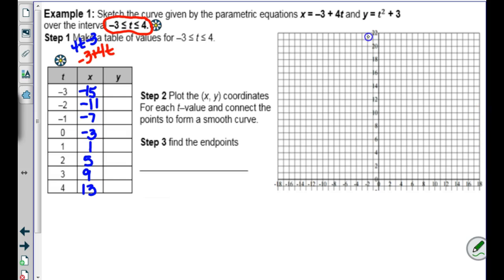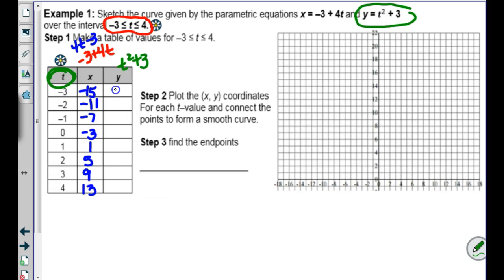Now we go back, and it tells us the y equation is t squared plus 3. We are putting in the t values, guys. Don't look at those x's. So we're supposed to square this and add 3. Remember, when you square a number, if you use your calculator, you need parentheses. It should be positive.